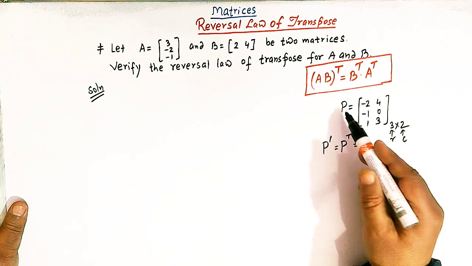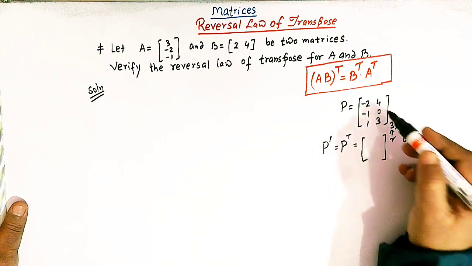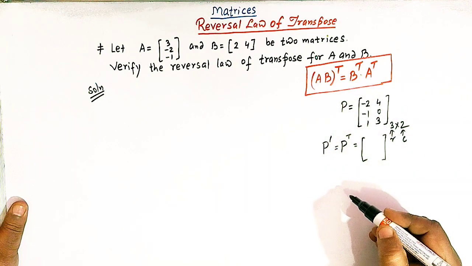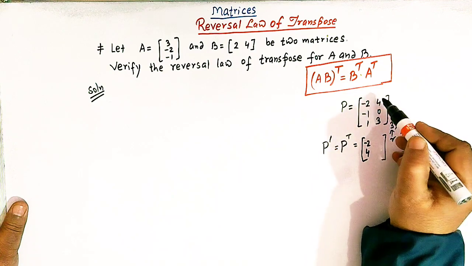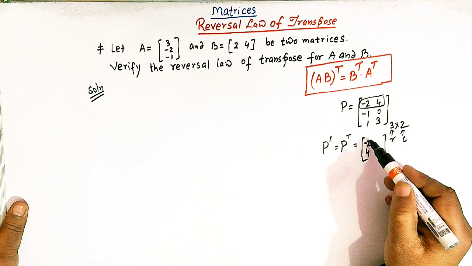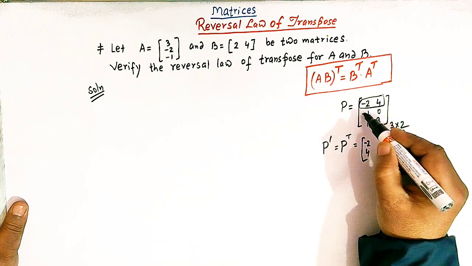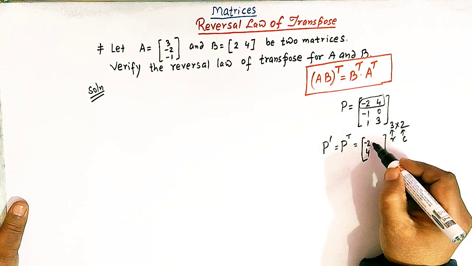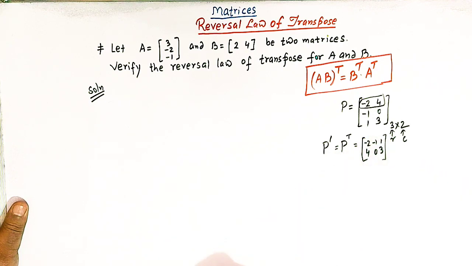So here the transpose of this matrix P is given by interchanging the rows into columns and columns into rows. So we have minus 2, 4, because here we have this row. Now in the transpose matrix, this row becomes the column, and similarly for these two rows, we have minus 1, 0, then we have 1 and 3.